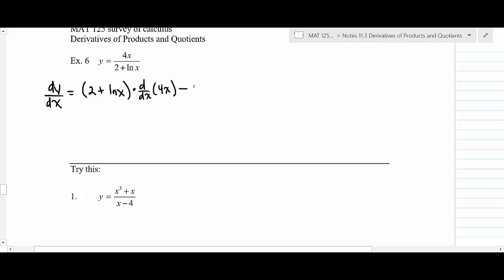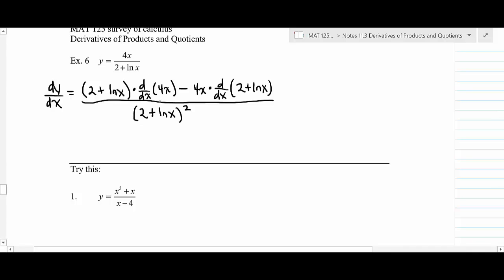You do the top times the derivative of the bottom. Now we have an ln this time, which we learned what that rule was today. Then it's going to be all over a big fraction bar, 2 plus ln x to the second. So that's the setup, and then you need to do the derivatives.